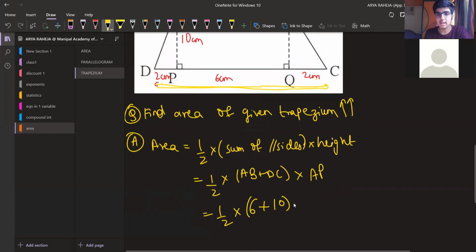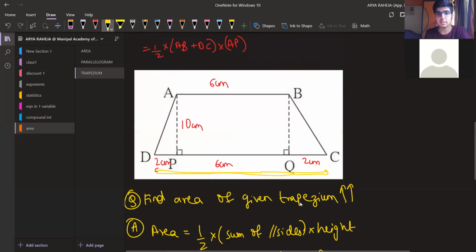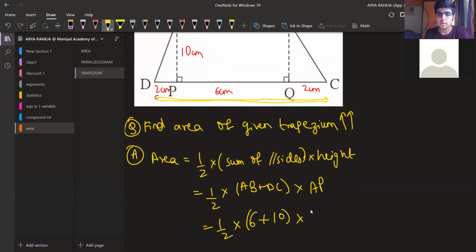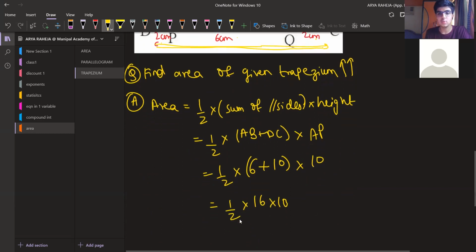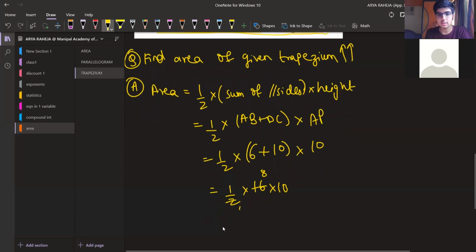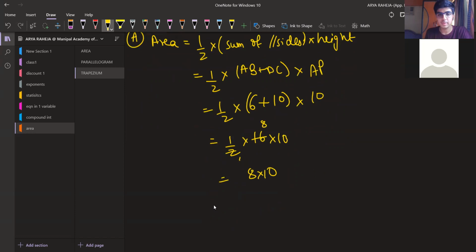So 6 plus 10 into, now AP's length is 10. So now this becomes half into 6 plus 10 is 16, into 10. 2 ones are 2, 2 eights are 16. So this is basically 8 into 10. So the area comes out to be 80 centimeter square.